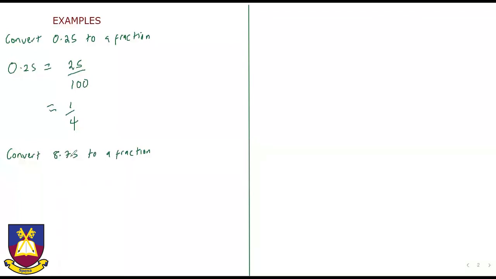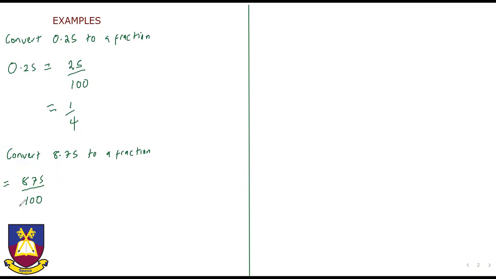Convert 8.75 to a fraction. As long as the decimal is terminating, it's very easy to convert. Just play around with the number of decimal places. 1, 2, this decimal point can be moved to the end by multiplying by 100. So we're going to get 875 divided by 100, which is the same as this decimal we have.